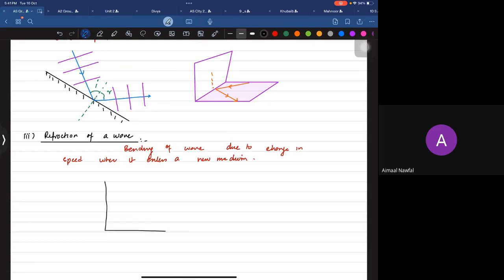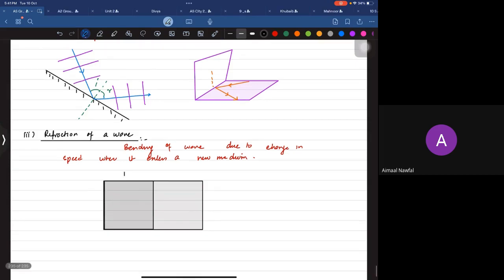You might remember that there were questions about it. If a wave enters from deep to shallow, the only difference would be that it would go straight. You would want to make a normal line. This would be the angle of incidence, and then it would bend like that towards the normal.